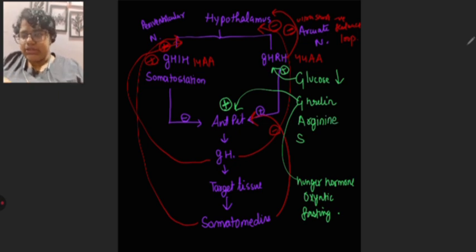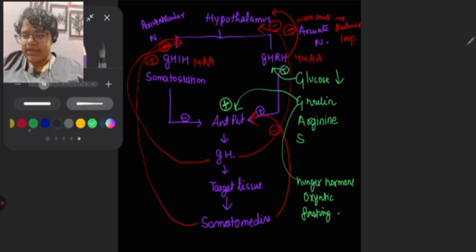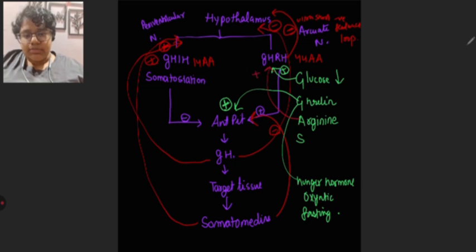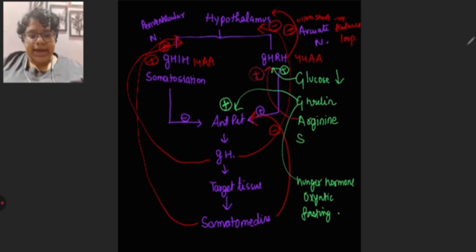Whether amino acids are taken up by diet or by infusion, either way they stimulate the secretion of growth hormone releasing hormone, and they act on alpha adrenergic receptors present on the neuron.